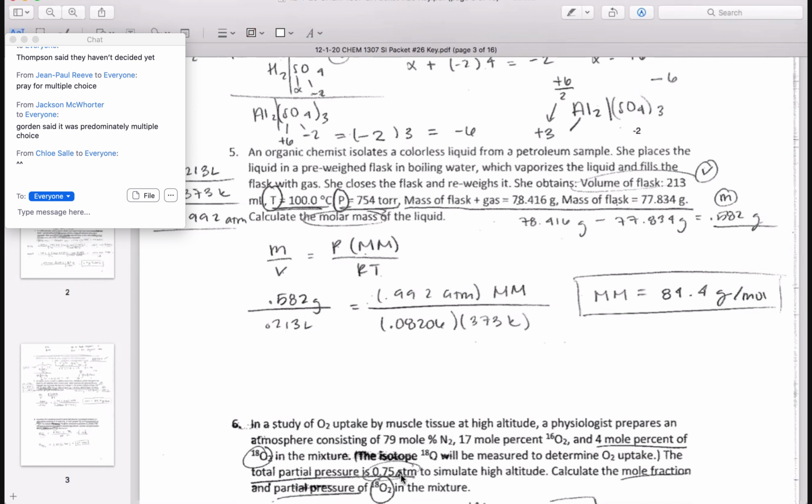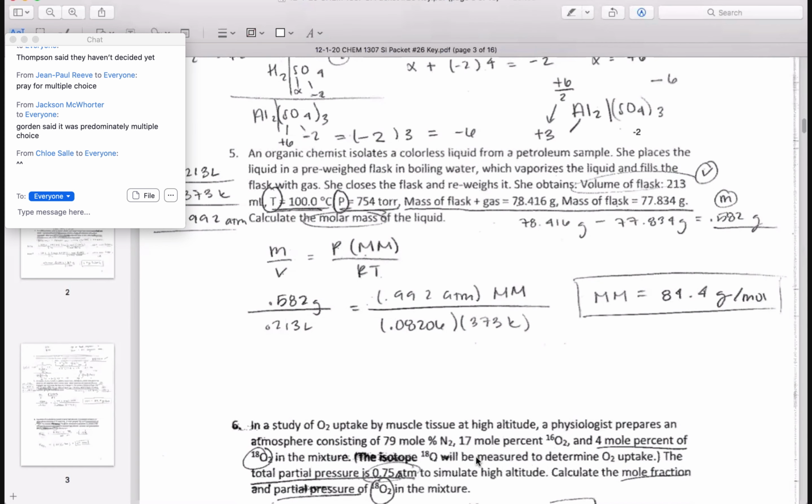I wrote over this one. I don't know if I fixed it in y'all's packet, but I think I accidentally put STM. It should be ATM. To simulate high altitude, calculate the mole fraction and partial pressure of 18O2 in the mixture. When y'all are done with this one, go ahead and let me know, and then we will talk about it.